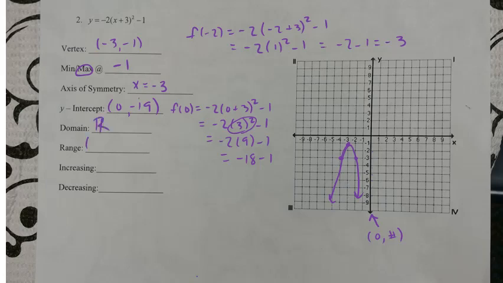The range will be from negative infinity to negative 1. It will be increasing from negative infinity to the x value of the vertex, which will be negative 3. And then it's decreasing, picking up at negative 3 onto positive infinity. Check your work. I hope you did this right in class.